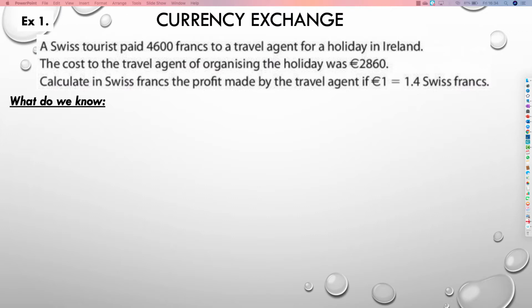So how much did it cost the travel agent? €2,860. We want to turn that into Swiss francs. So, how are we going to turn €2,860 into Swiss francs?